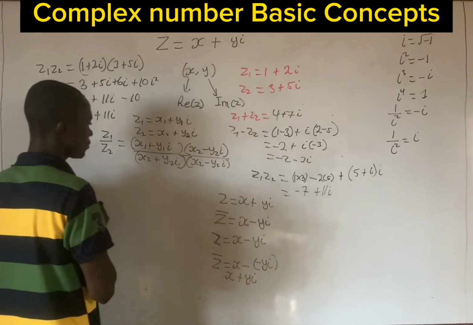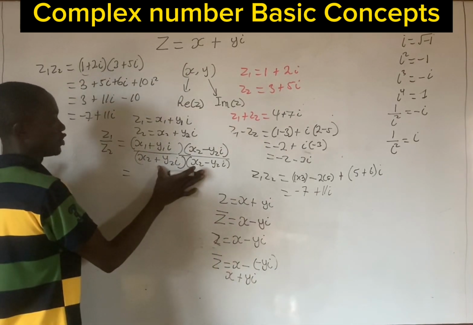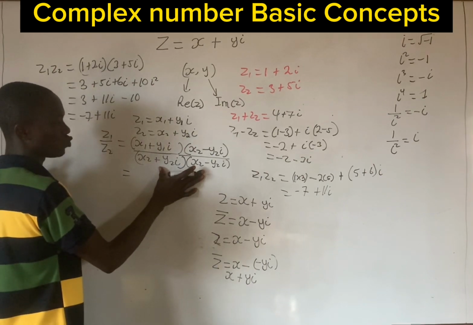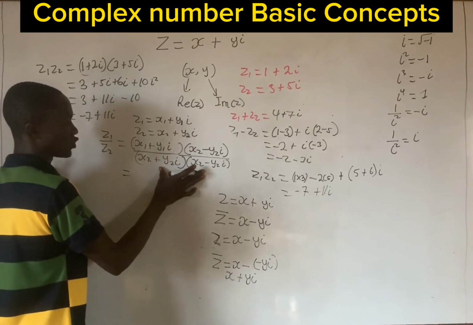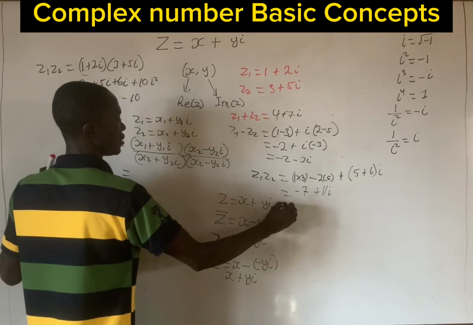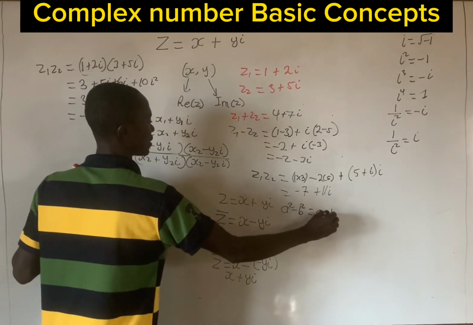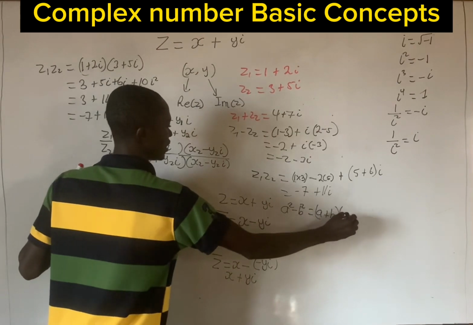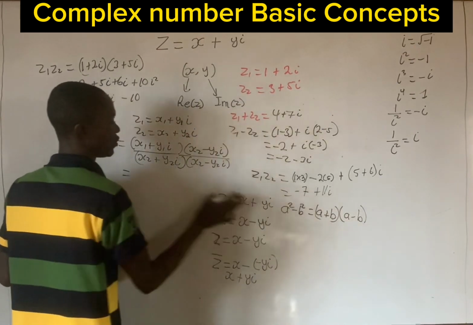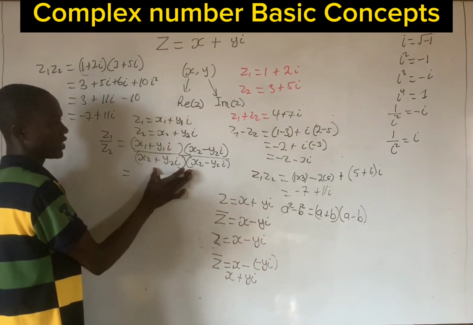Now, for the denominator, we have a difference of two squares. If you have a squared minus b squared, it is a plus b times a minus b. So we can imagine that here. Very simple.